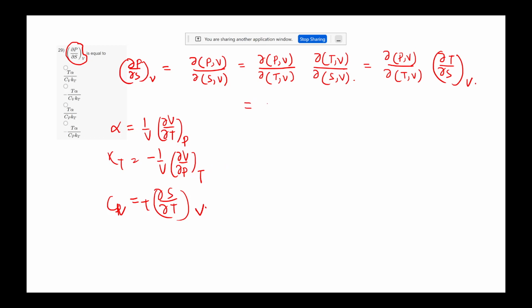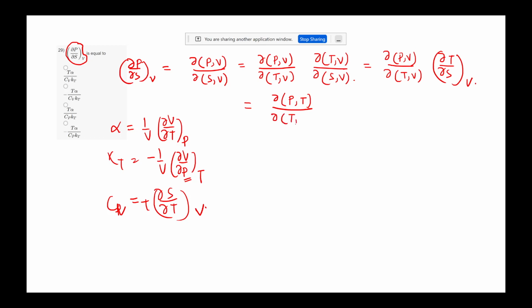This should not be given in the exam. Let's make this del (P,V) at constant T.